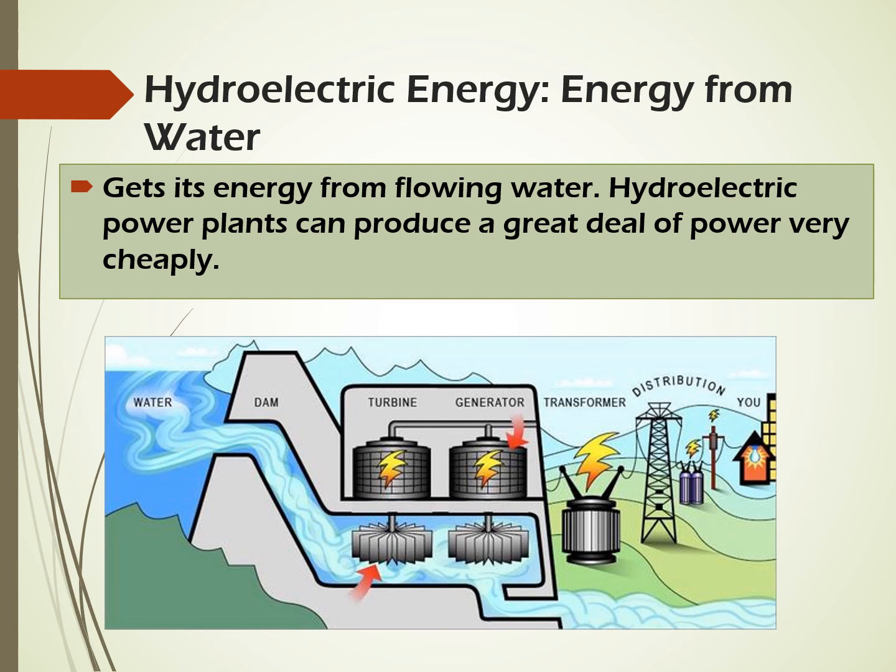Hydroelectric power plants can produce a great deal of power very cheaply. Here in the Philippines, the Angat Dam in Bulacan, Pantabangan in Nueva Ecija, and Ambuklao Dam in Benguet are among the hydroelectric power plants in the Philippines.